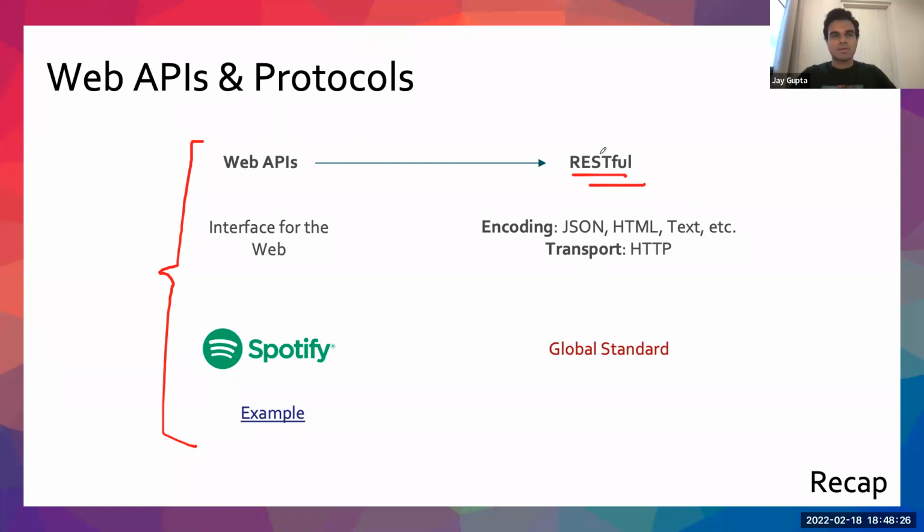REST is a set of design principles, and any API that follows those design principles is said to be a RESTful API. We can encode the data in many formats: JSON, HTML, text. There are many formats out there, and all the transport of the data is done using HTTP. This is at the moment the global standard, and the most common form of APIs out there.